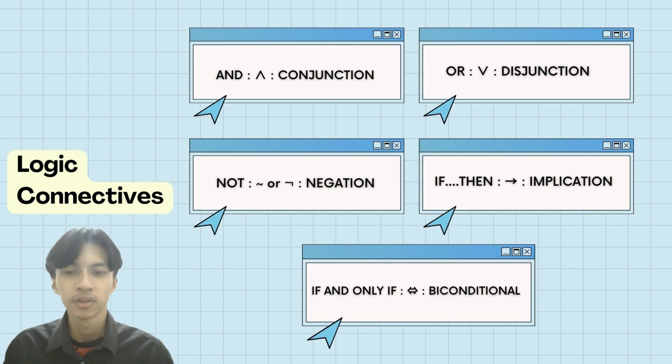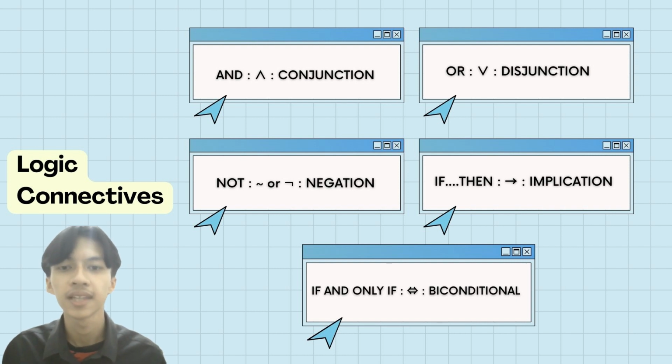So the next thing is logical connectives. There are 5 logical connectives, or connectors as you might call them, for 5 different types of statement. Let's look at the first one. The first one is and.